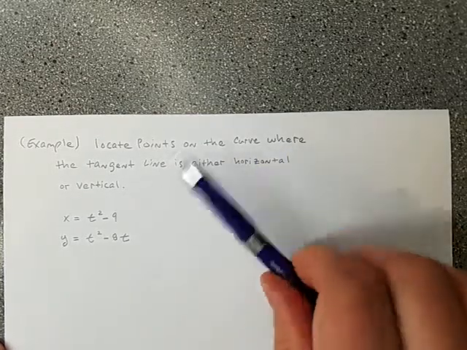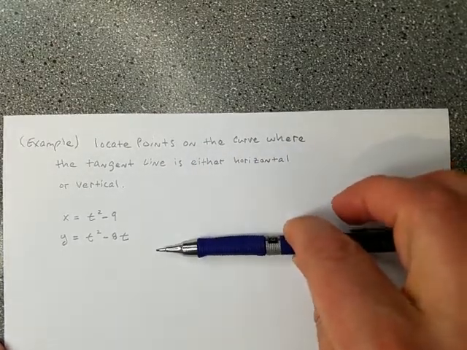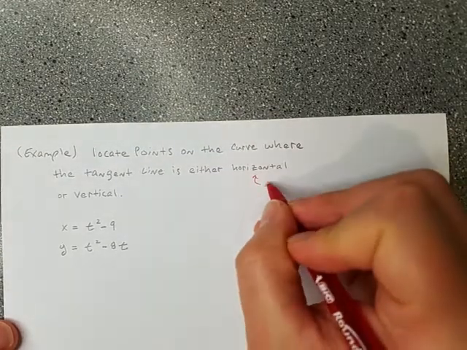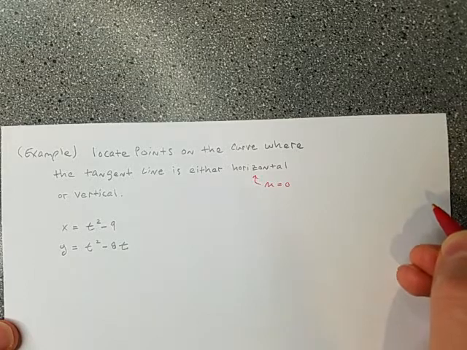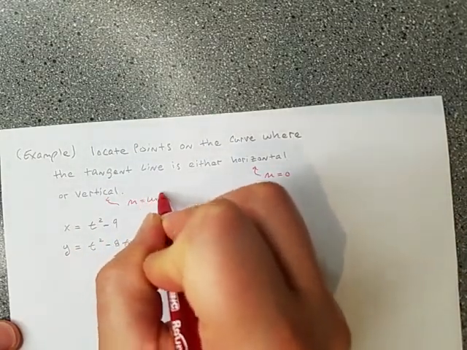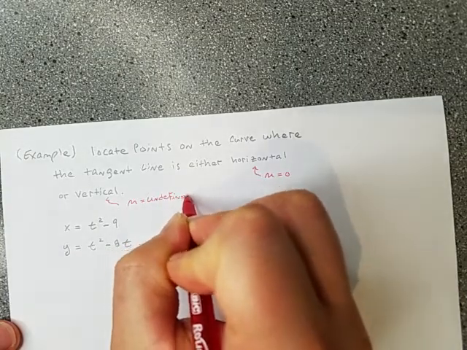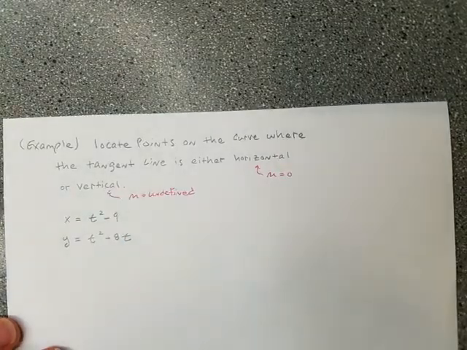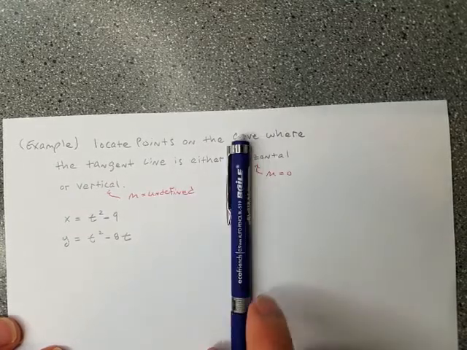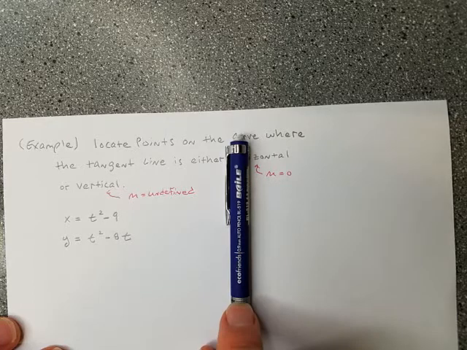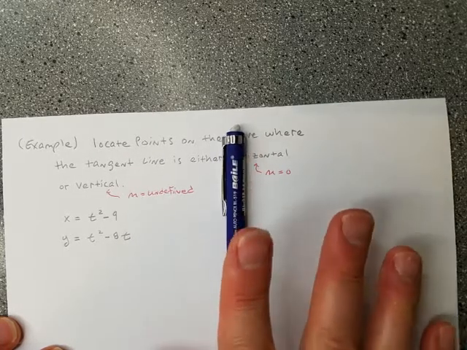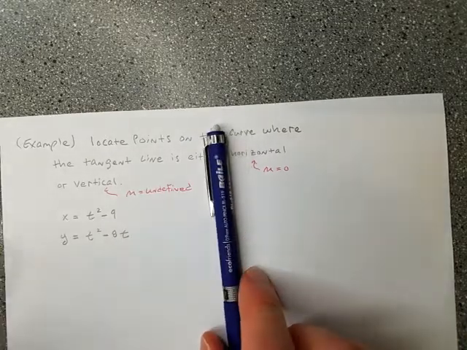A horizontal line has a slope of 0, and a vertical line has a slope that's undefined. There could be other portions on the curve where the slope's undefined, but vertical means the run is 0 for whatever the rise is. So the rise is not 0, the run is 0, that's vertical.